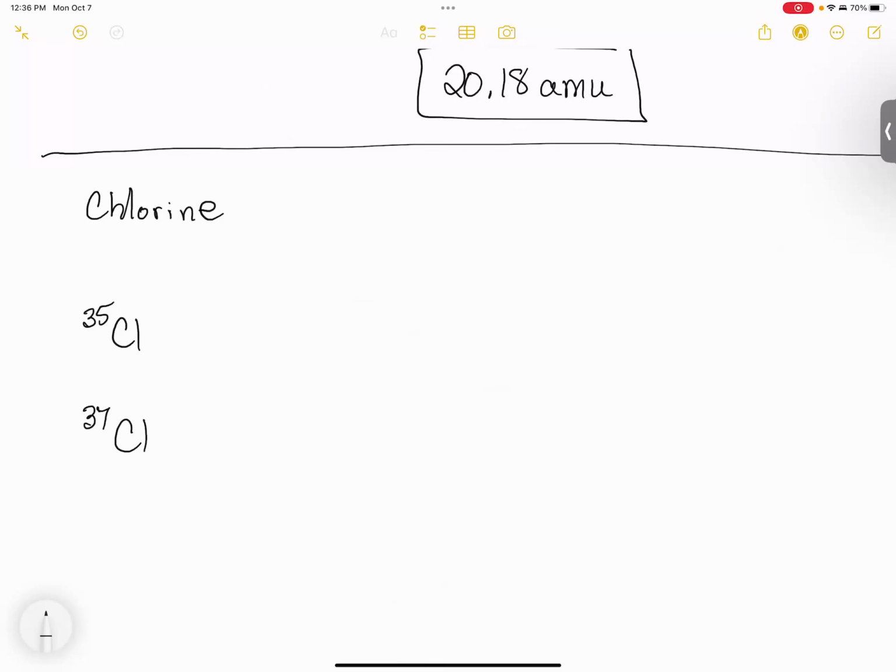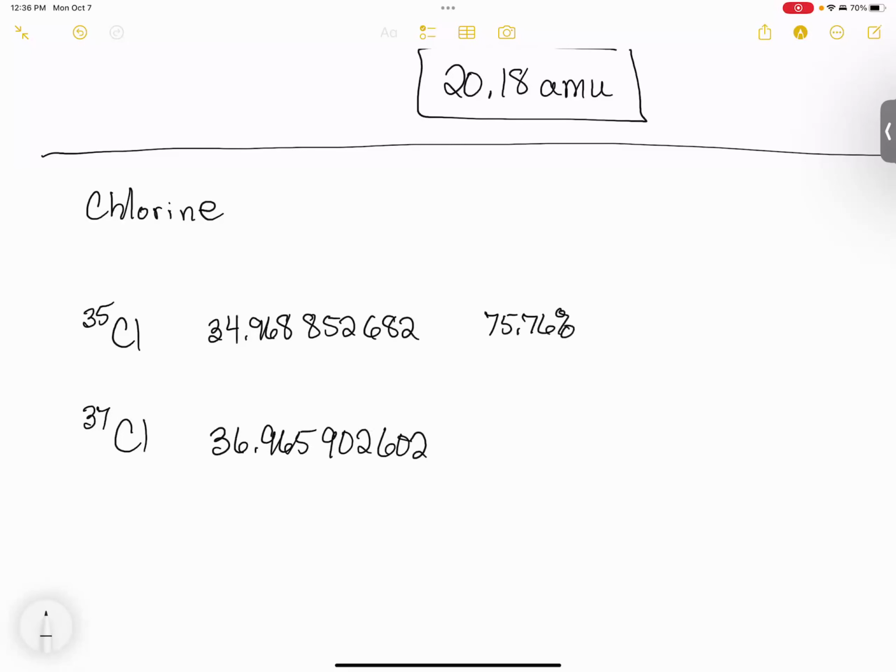Chlorine 35 has a mass of 34.968852682, and chlorine 37 has a mass of 36.965902602. Chlorine 35 appears 75.76% of the time, whereas chlorine 37 appears 24.24% of the time. Calculate the average atomic mass.